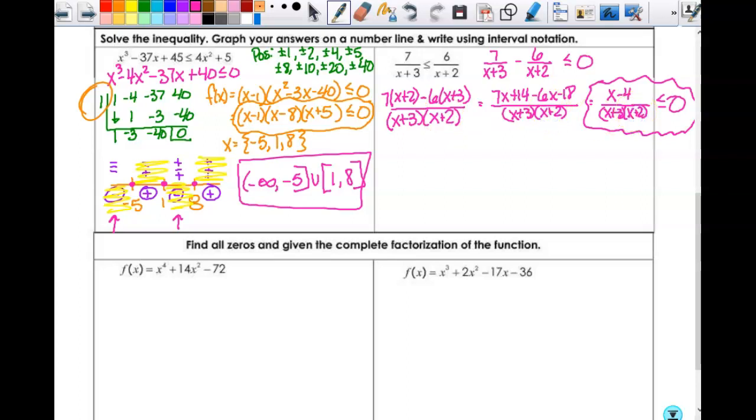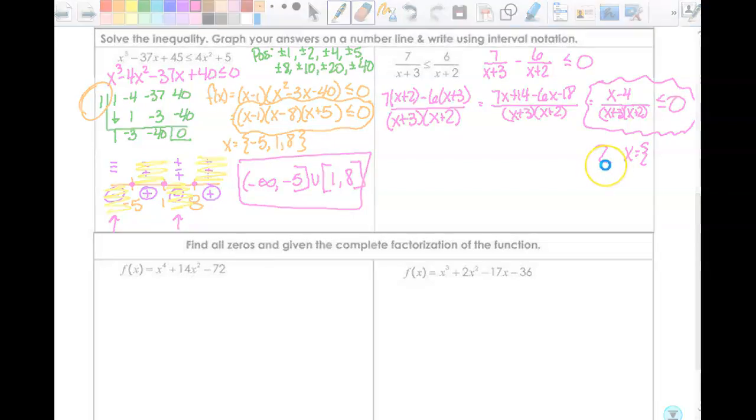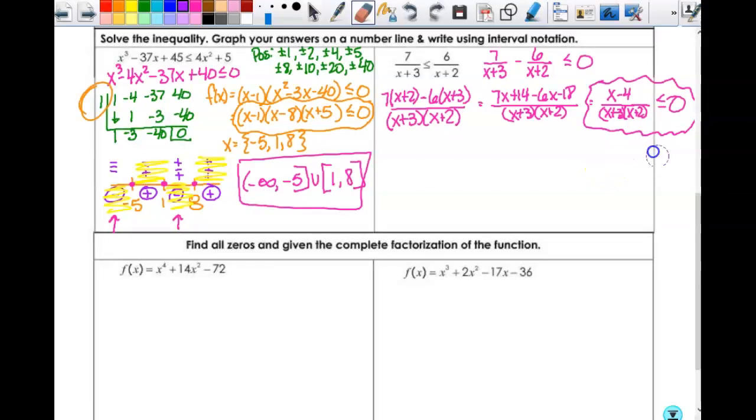Glad I caught that. So these are my zeros. My zeros are going to be just 4.